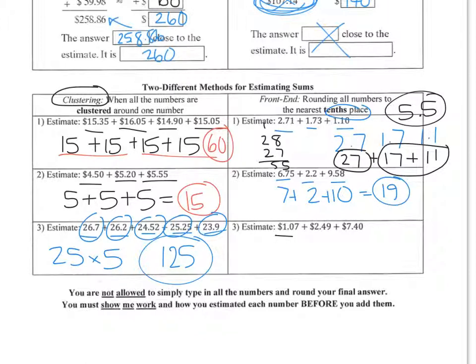So 1 plus 2, and since I rounded this one down and this one down, I'm actually going to think about rounding this one up to 8. 1 plus 2 plus 8 is 11. I don't want to round everything down because then my answer is going to be a lot lower. So sometimes I round up and sometimes I round down, and that's the best way to estimate.